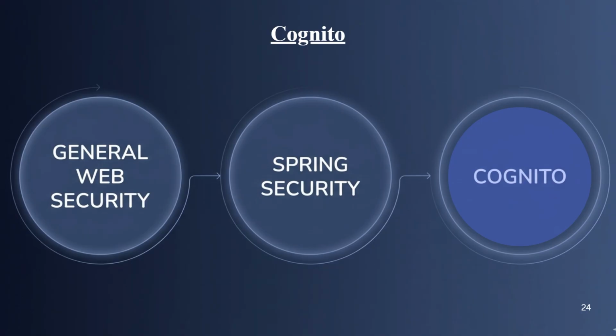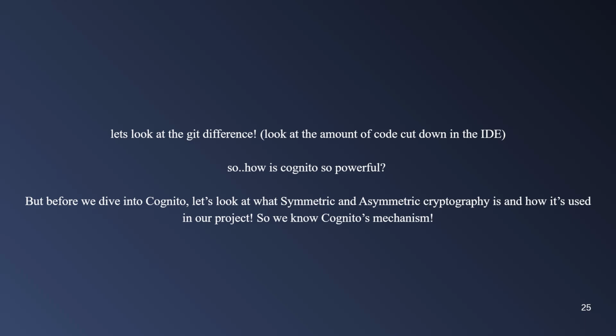Right, so let's get back to our target. So, like I mentioned, the star of today's show, AWS Cognito. So, let me quickly change my branches and let me show you something.